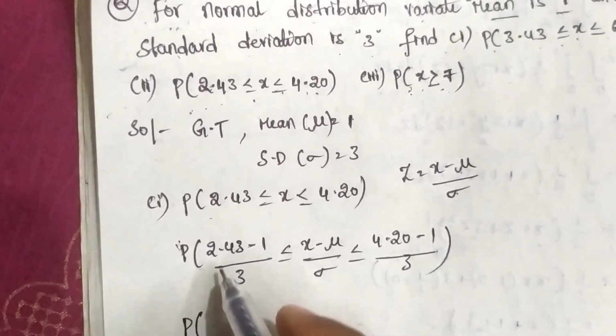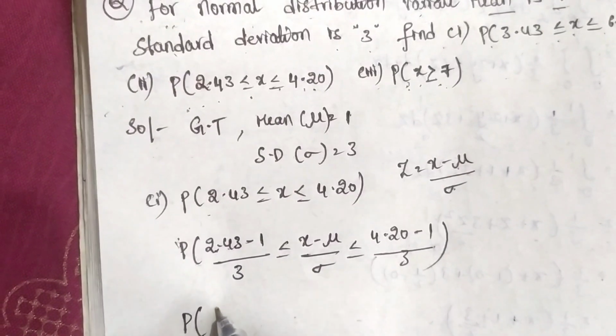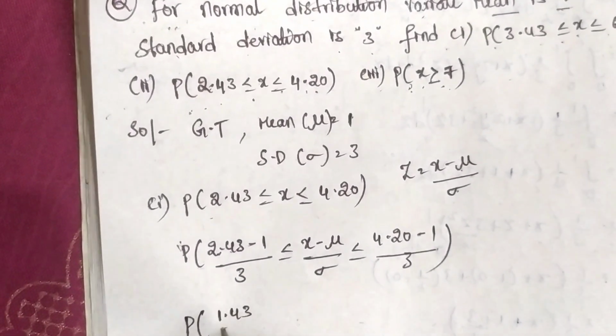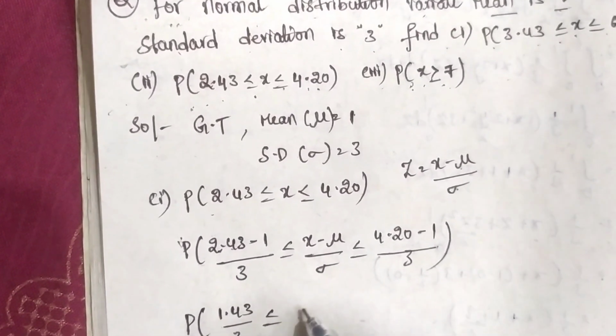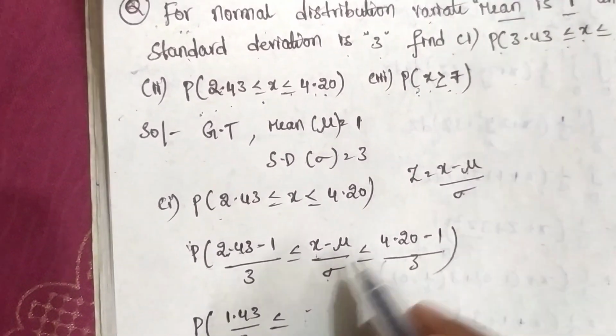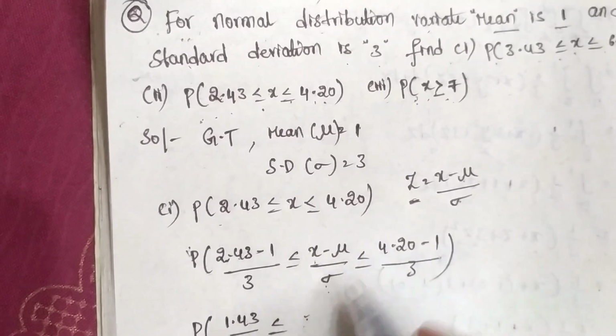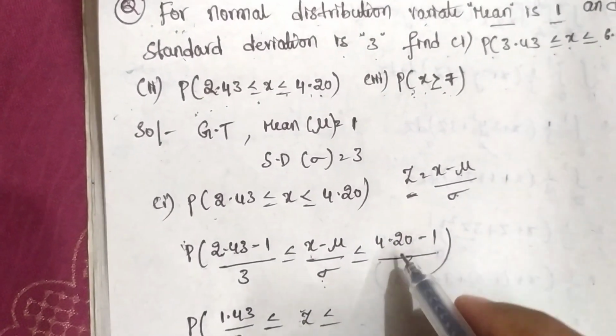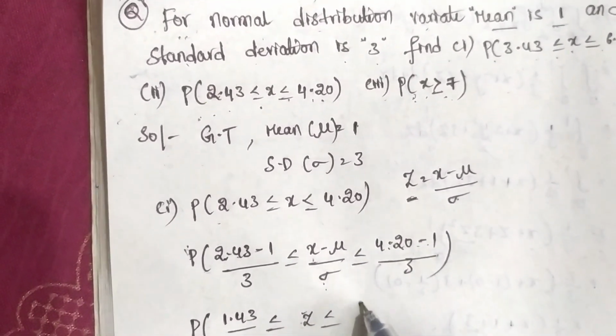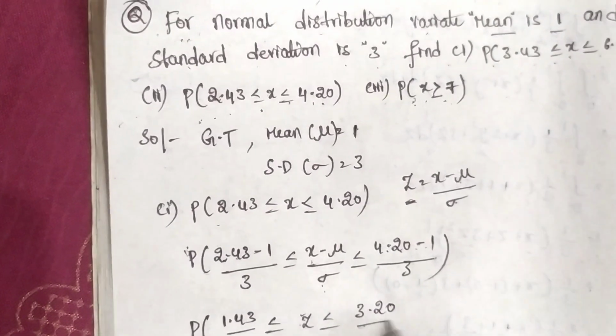Here P of (2.43 minus 1), which means 1.43 by 3, less than or equal to, here (x minus mu) by sigma is z, so we replace this with z, less than or equal to (4.20 minus 1), which means 3.20 by 3.